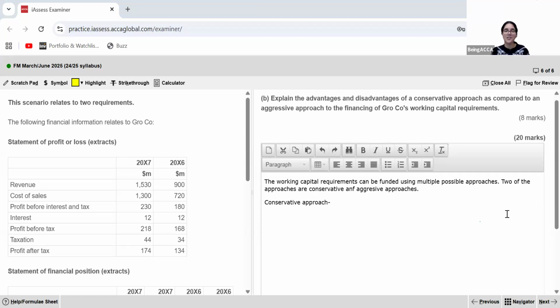You people would have just revised the working capital areas of the syllabus. What are the two types of current assets that we have? The two types of current assets that we know of are permanent as well as fluctuating current assets.